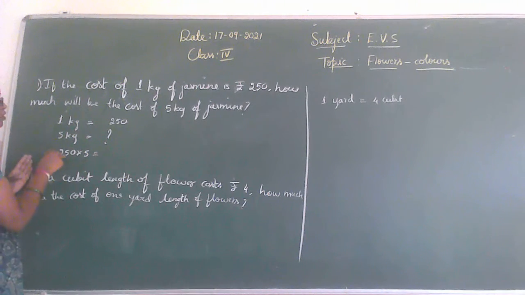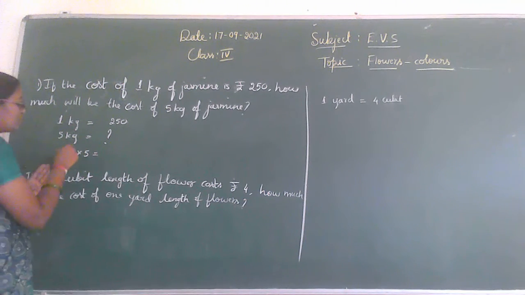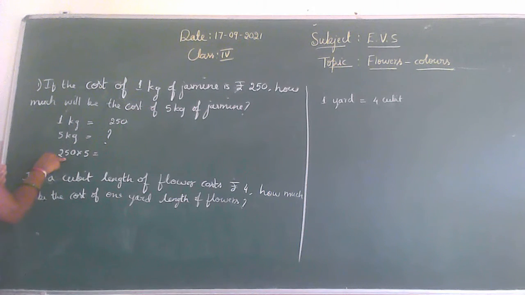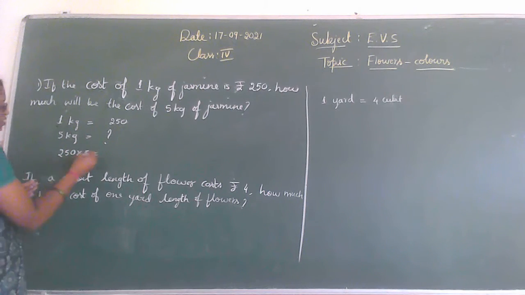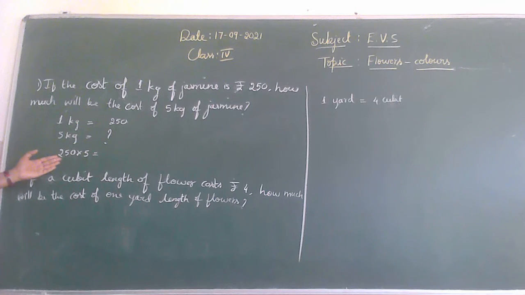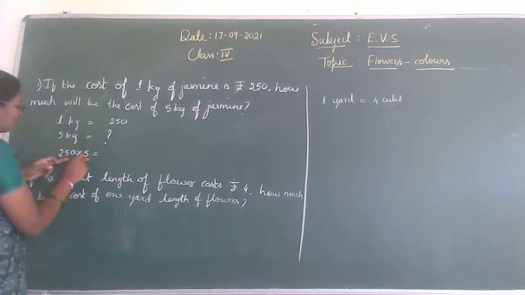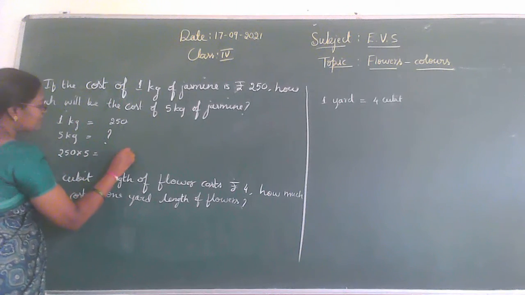So that's why we need to multiply the 250. That means it's a 1 kg rate, and then it is 5 kg, is it? So you need to find out the product, the answer for this. So multiply this, 5 into 0, 0, is it?